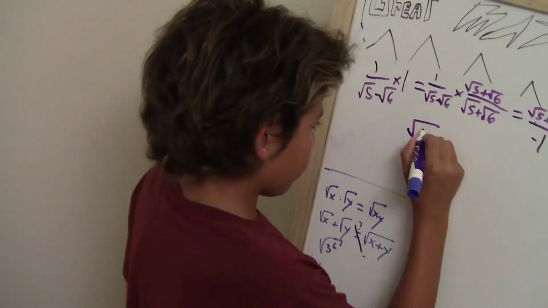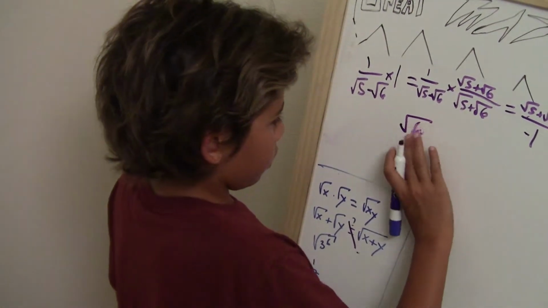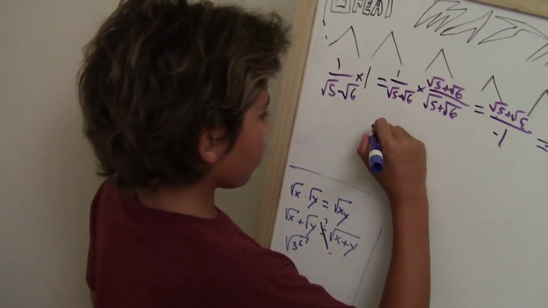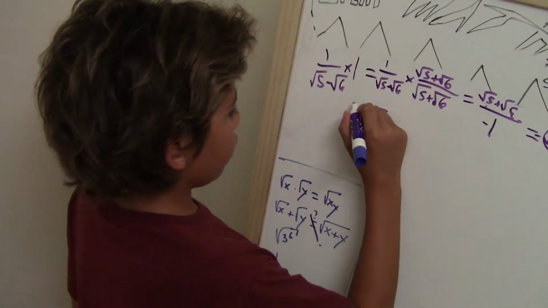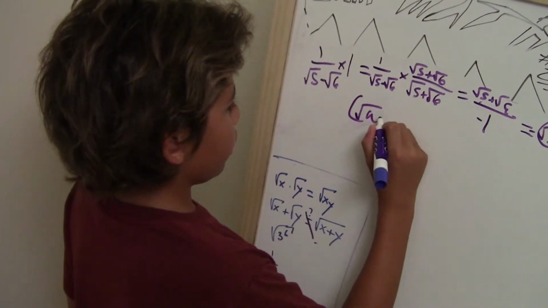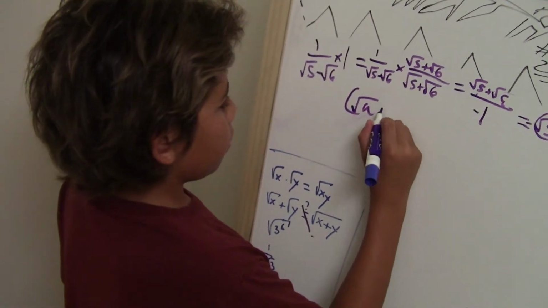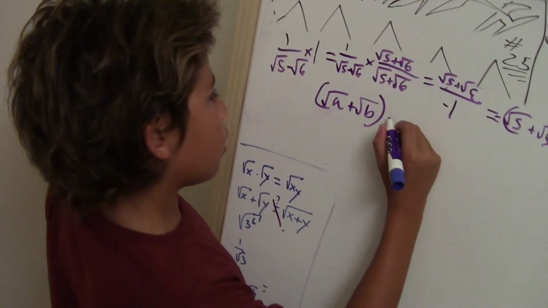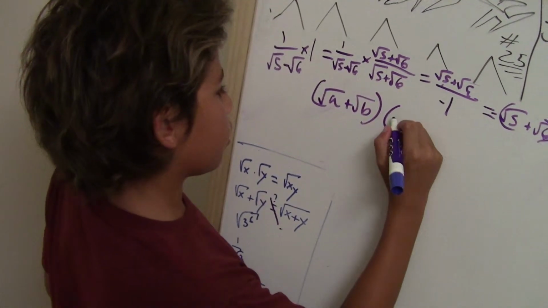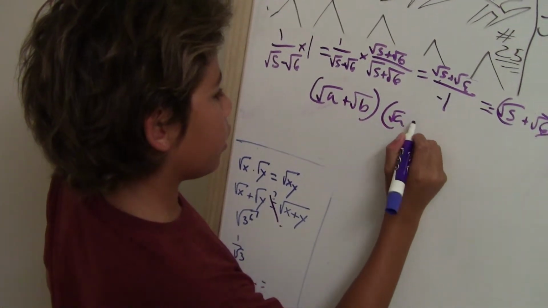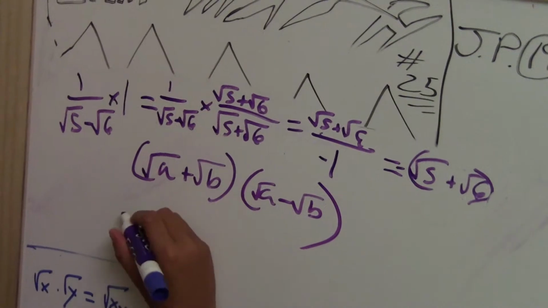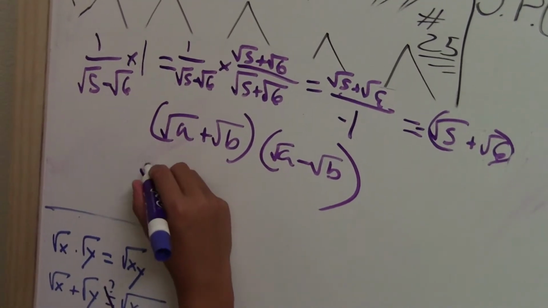And this is just a concept, just to get your concept. In parentheses, square root of A plus the square root of B times the square root of A minus the square root of B. When we do that, we distribute it.